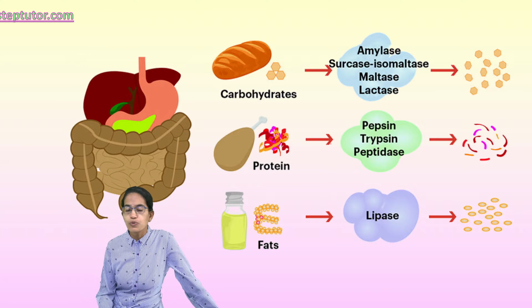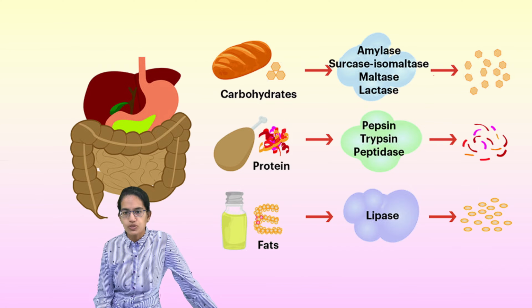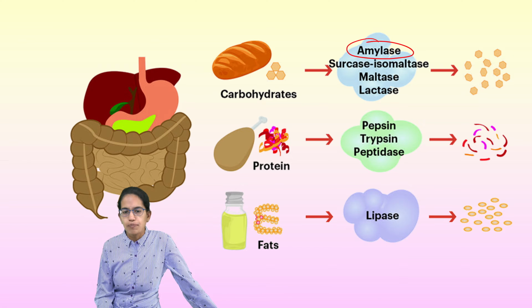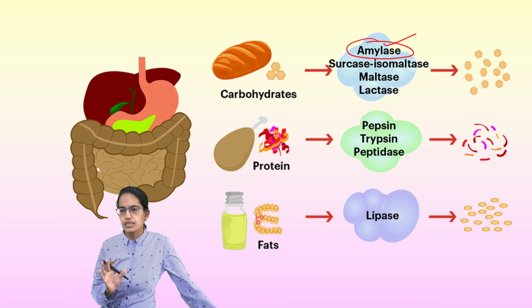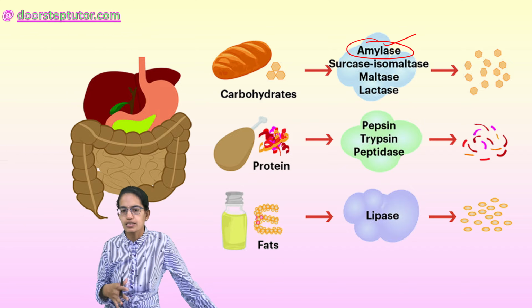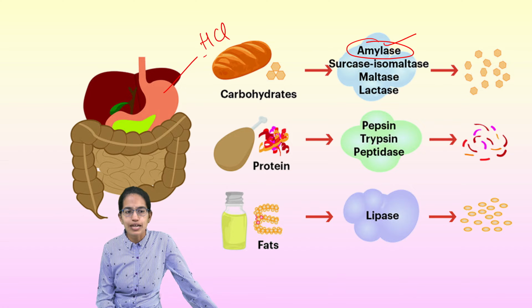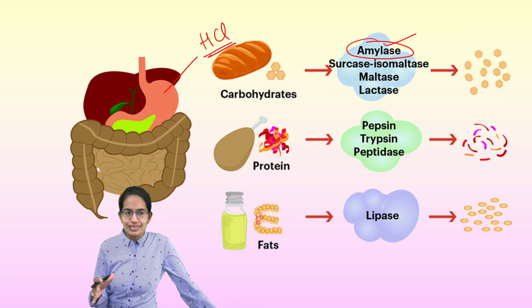Now coming on to the major enzymes. Within the buccal cavity, we start with amylase, which converts starch to sugar. Pharynx and esophagus have no enzymes present. There is no mechanical or chemical digestion of food that occurs. The next is stomach. In the stomach, the first one is hydrochloric acid, which actually kills the germs.